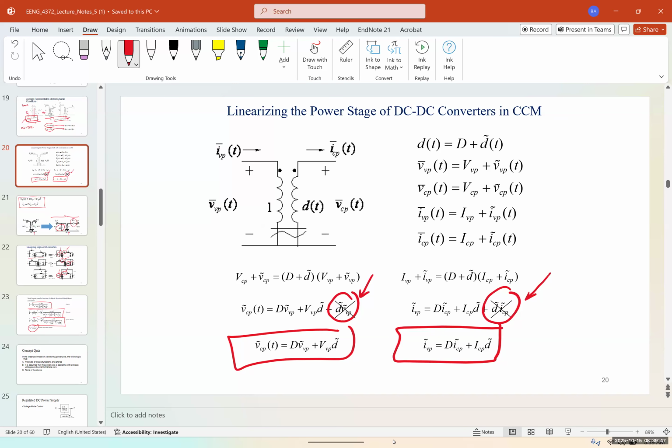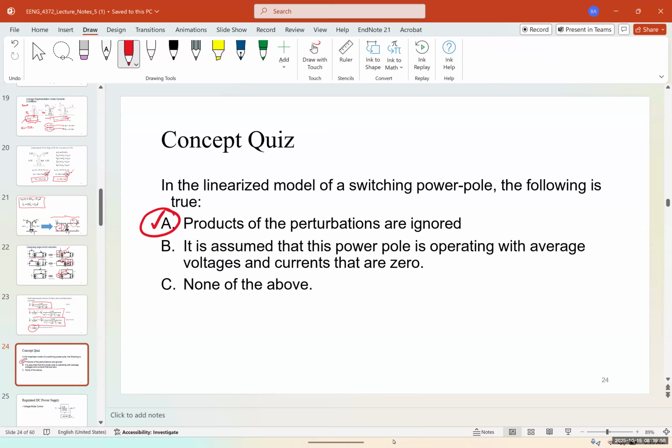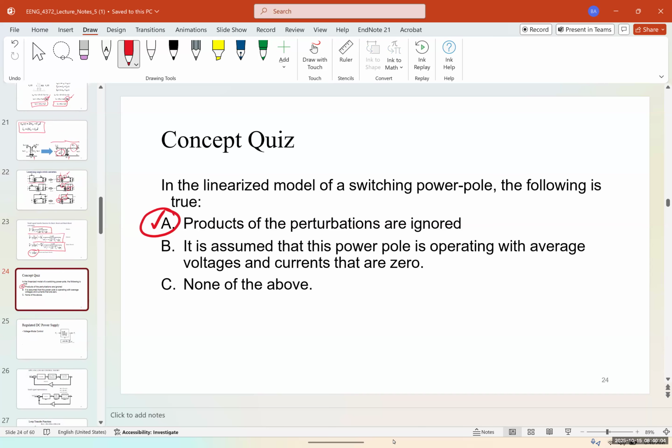So the correct answer is going to be A. We ignore the small amounts, and we don't assume that the average voltage and current are 0.